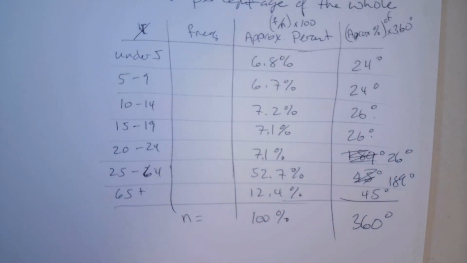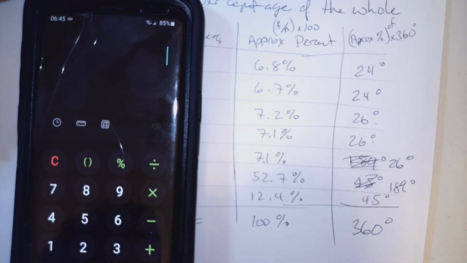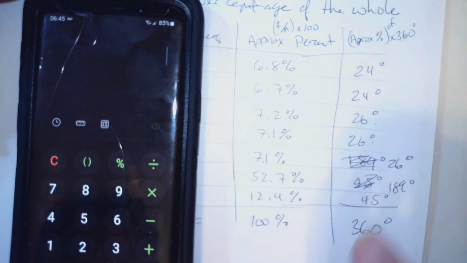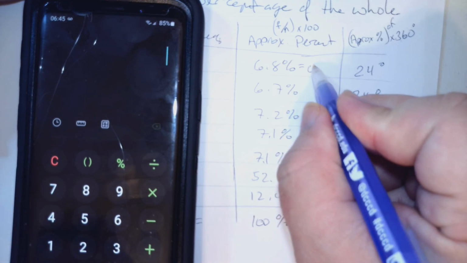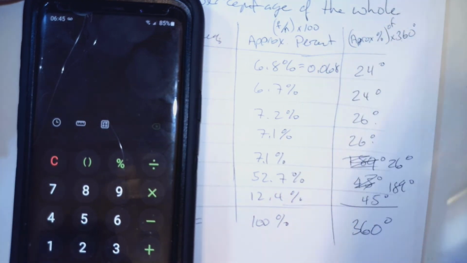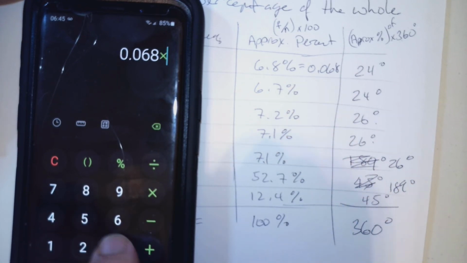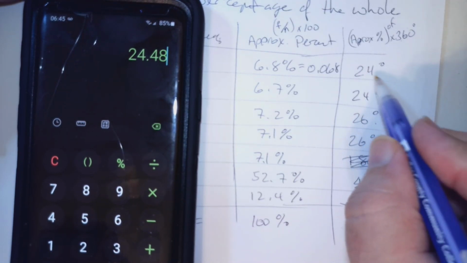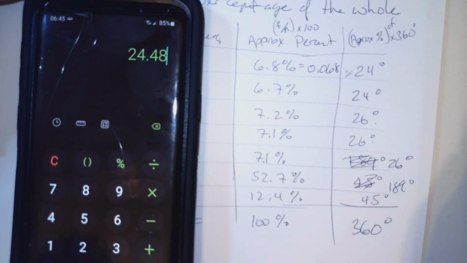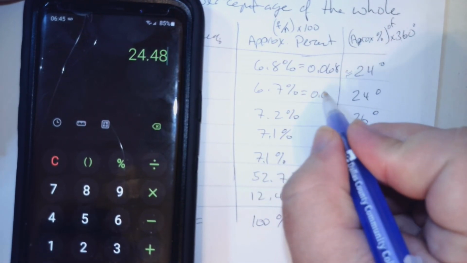Now, let me show you what I mean by that. So we have 6.8%. We have to convert that into decimals first, which is 0.068. So 0.068 times 360 equals 24.48. So approximate it 24 degrees. 6.7% is 0.067.